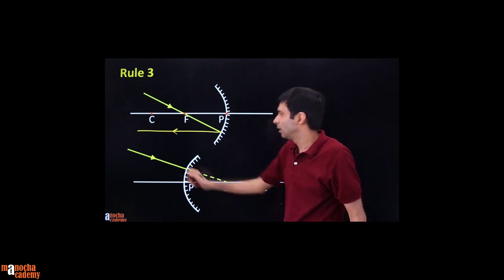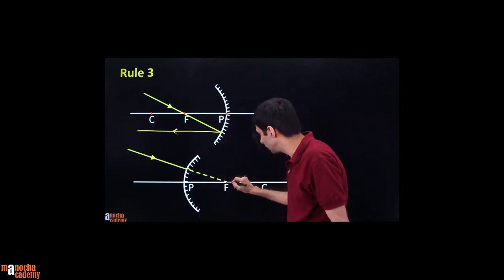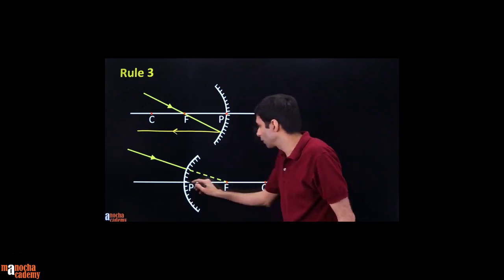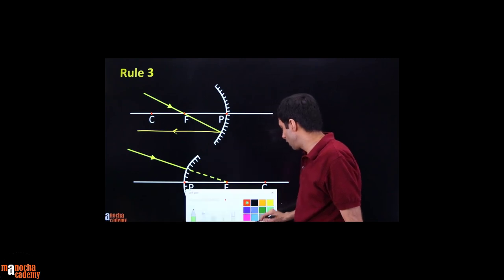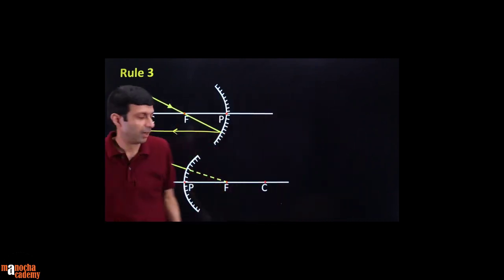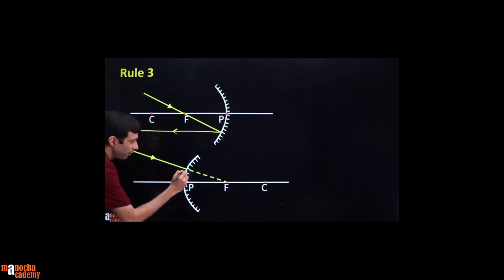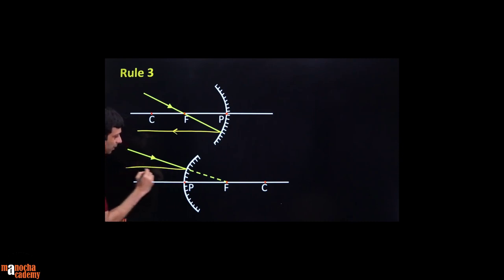Clear? Same thing here. The ray which was targeted towards the focus, which is exactly in the middle of the center of curvature and pole, what's going to happen after reflection? It was meant to go towards the focus. After reflection, it becomes parallel to the principal axis.